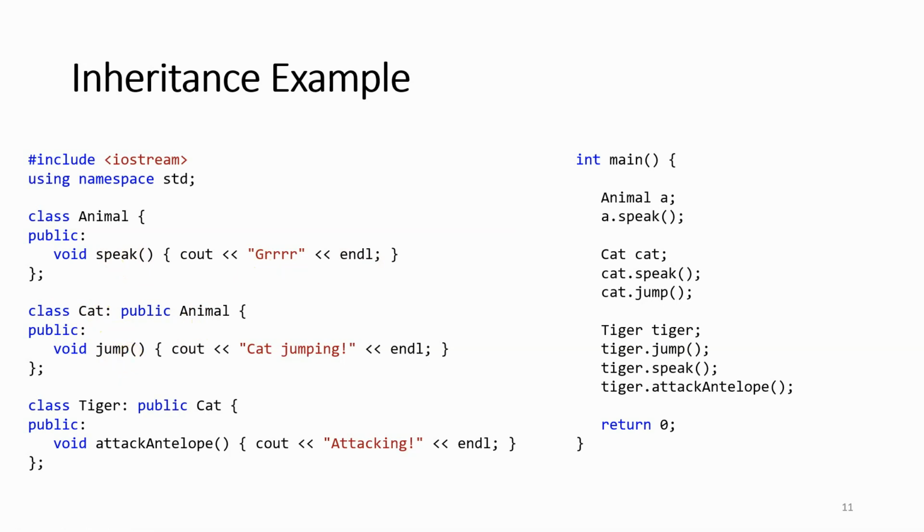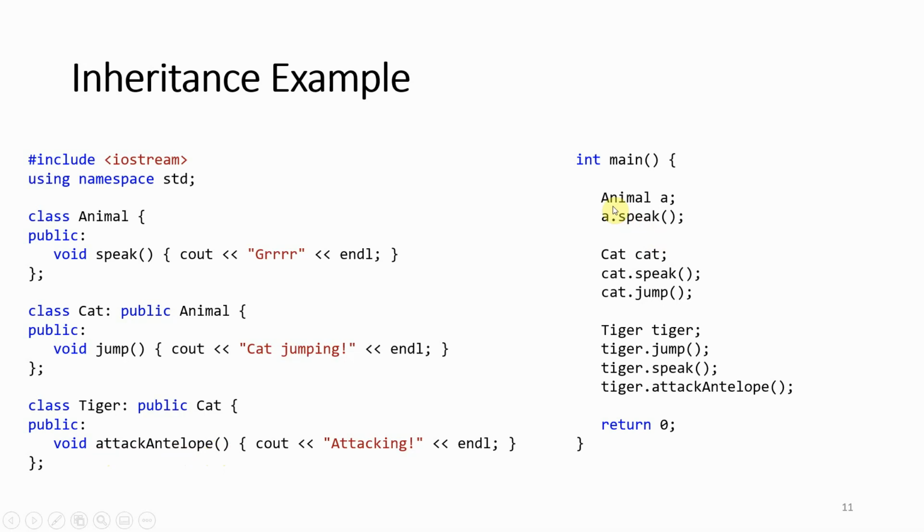So the same thing we talked about for member variables applies to member functions as well. So this one actually has two member functions, one derived from class animal, one specific to class cat. And then we also have a class tiger derived from class cat. Class cat already has two member functions, speak and jump. Class tiger would have an additional member function called attack antelope, right?